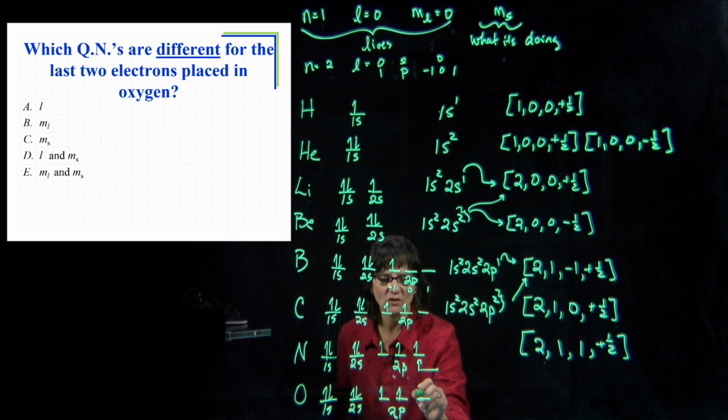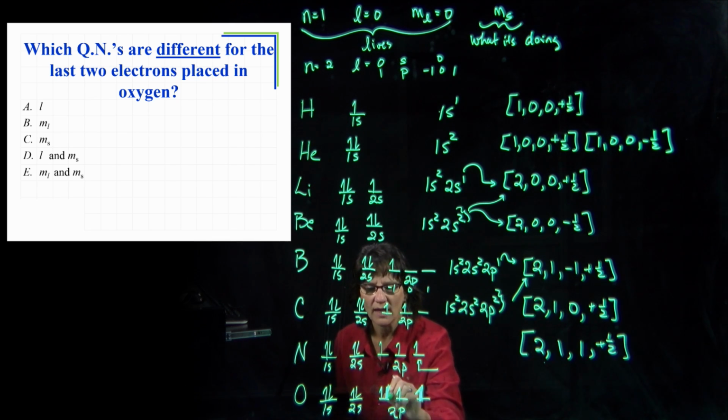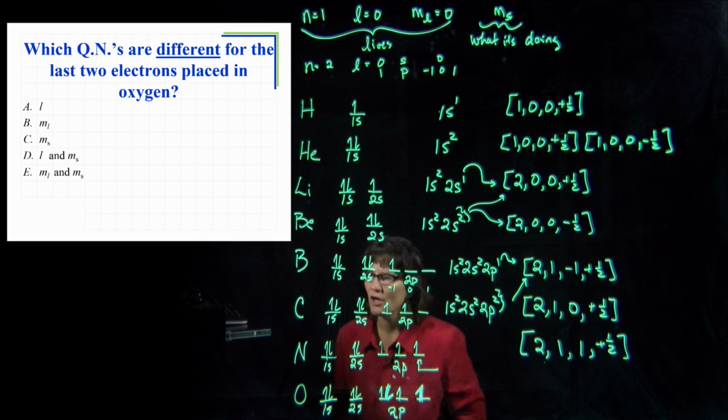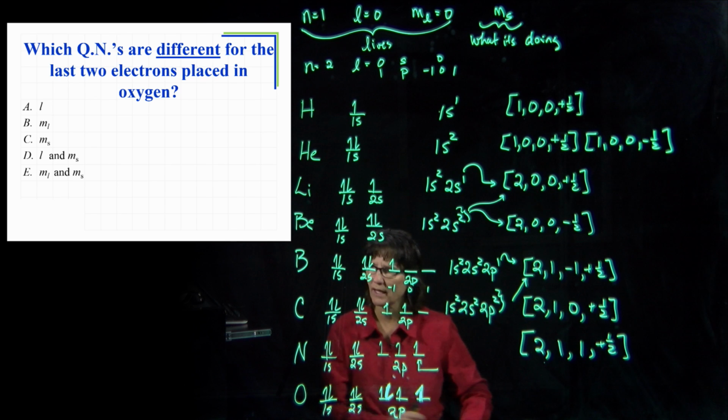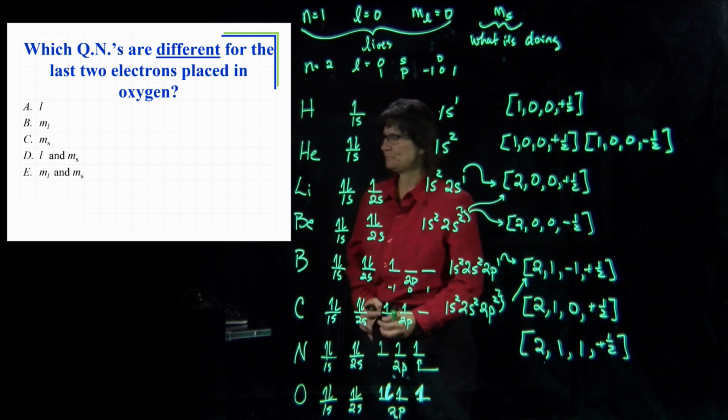The last 2 would be this one, and 7, I'll do it kind of bold. And then the last one I put in was 8, this one right here. Those 2 that I bolded up there are the last 2 that I put in. I want you to pick which one of those quantum numbers would have to be different for those last 2 electrons that I put in.